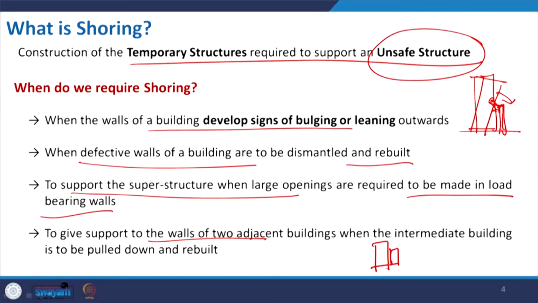If we have, say, 3 buildings and you have to dismantle this particular one, then during the dismantling process there may be some impact, and the 2 buildings surrounding it may fall towards each other. So sometimes we have to make those structures stable and give some temporary support. That can also be done by shoring.